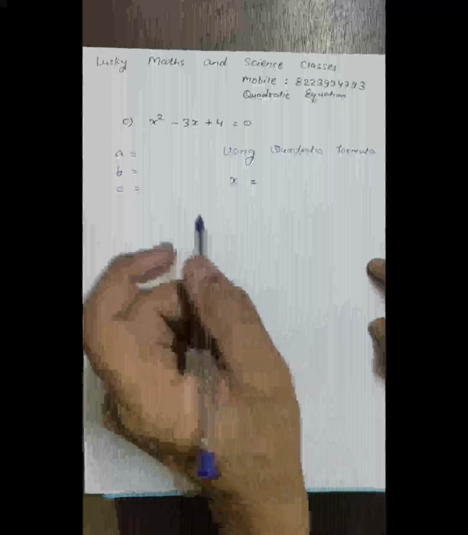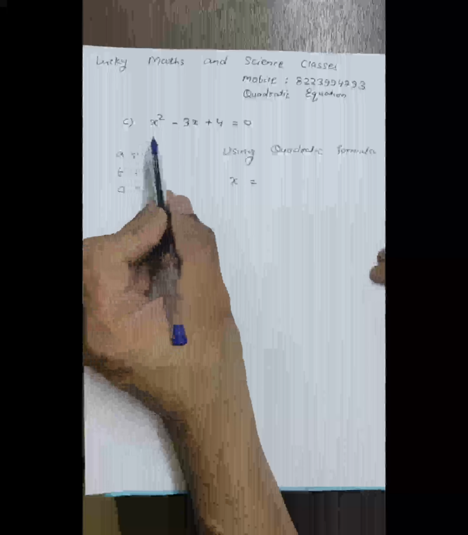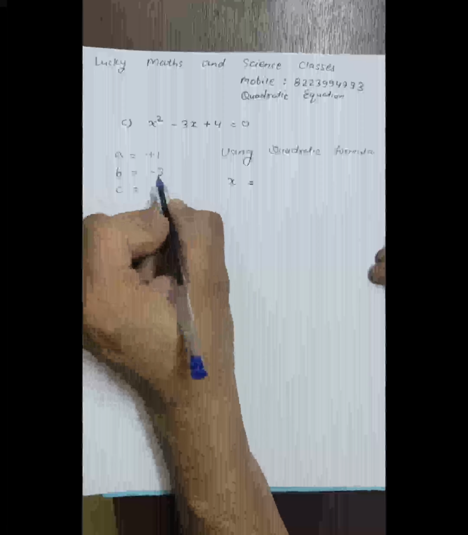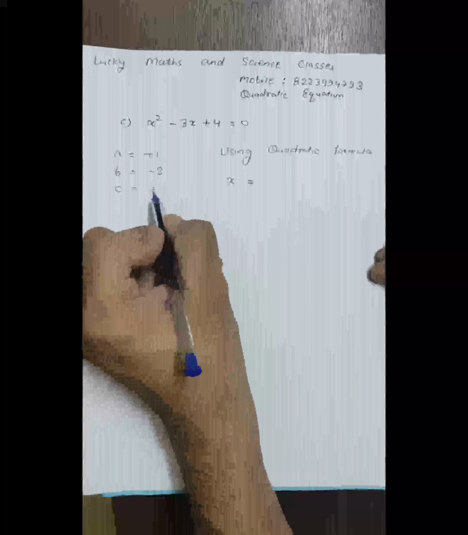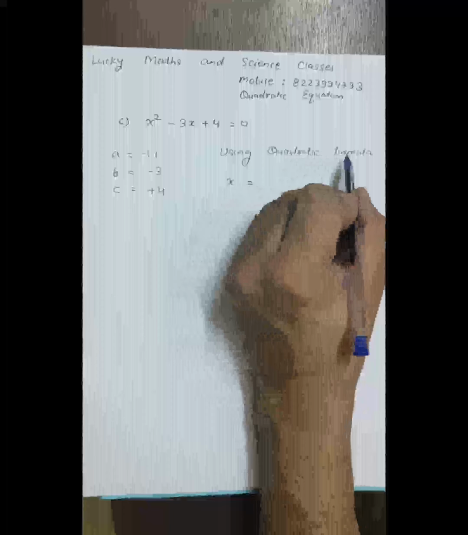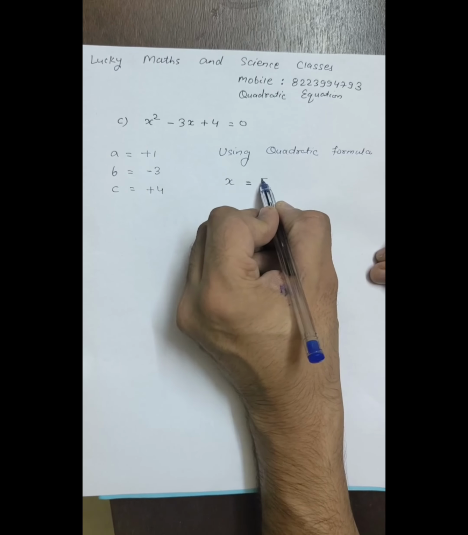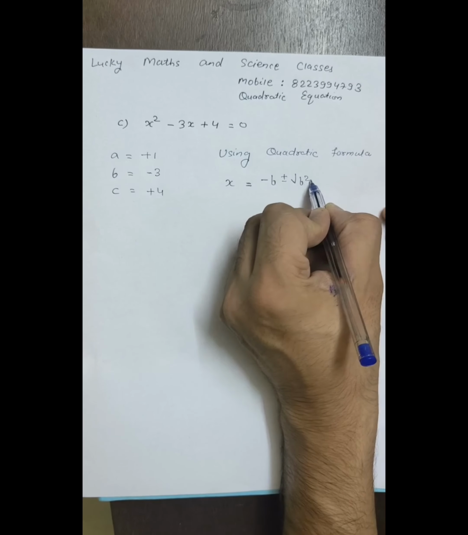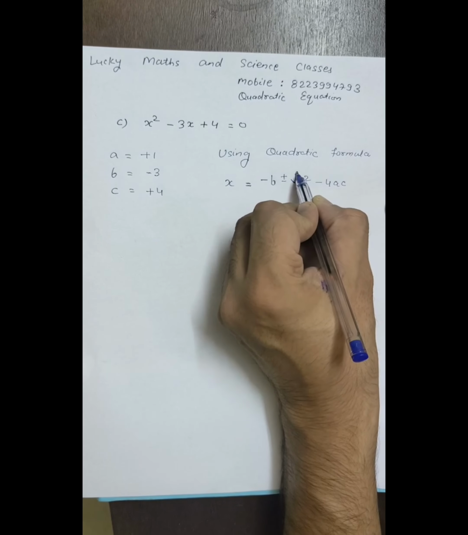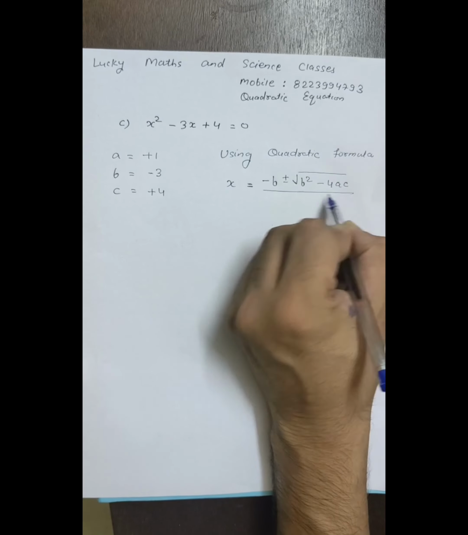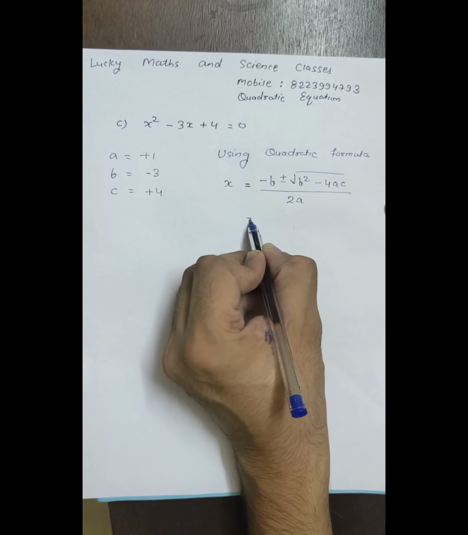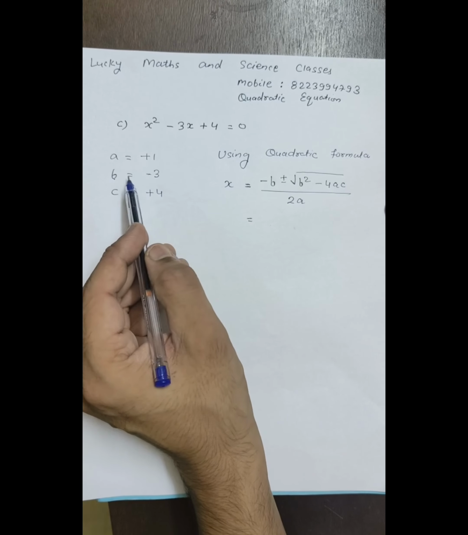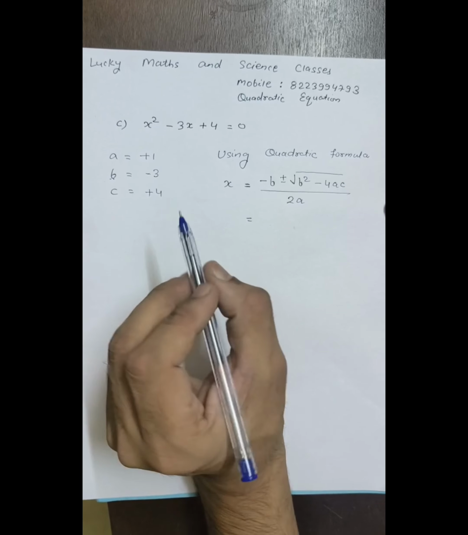Now third one. In this, value of a is plus 1, value of b is minus 3, value of c is plus 4. Using the quadratic formula, x is equal to minus b plus minus square root b square minus 4ac, whole divided by 2a. If the value of b is minus 3, then minus b should be plus 3.